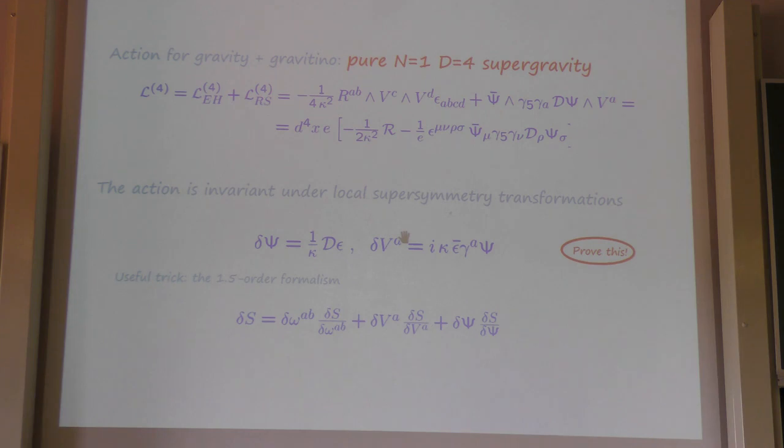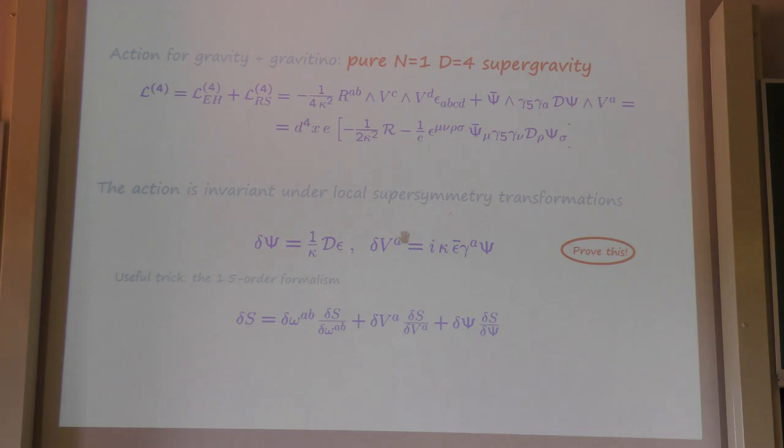Now, the Rarita-Schwinger field itself is length to the -3/2. This is the physical dimension of psi. So psi mu dx mu, multiplying times the length, dx mu, is L to the -1/2.